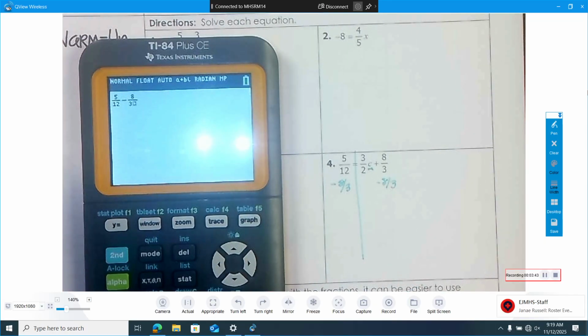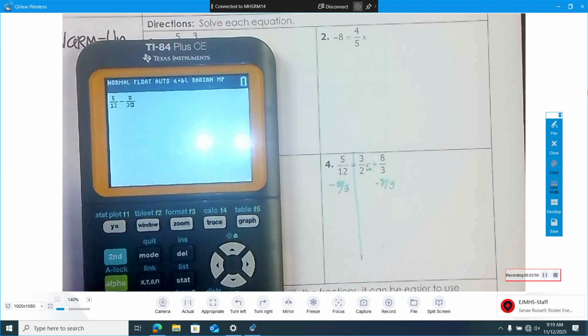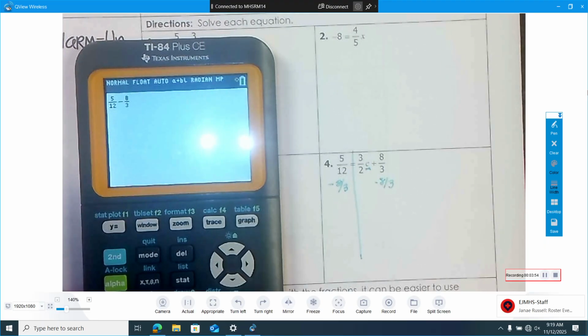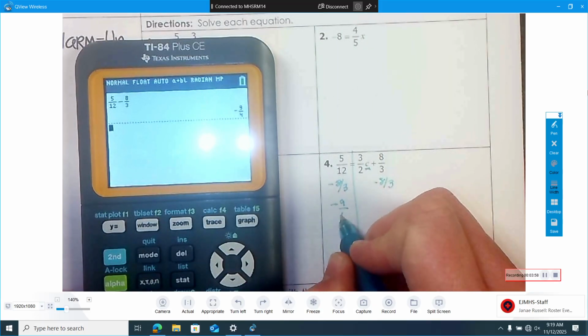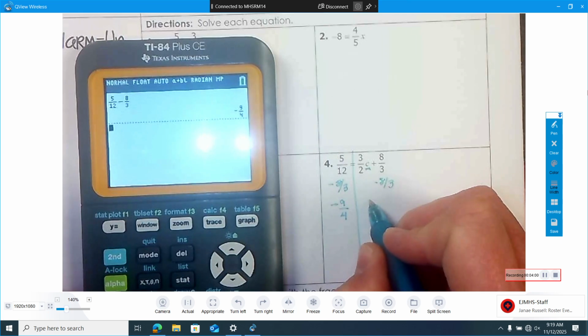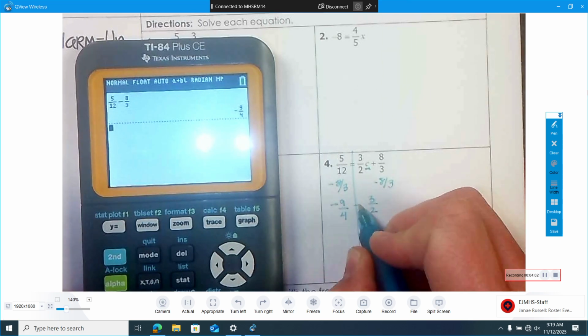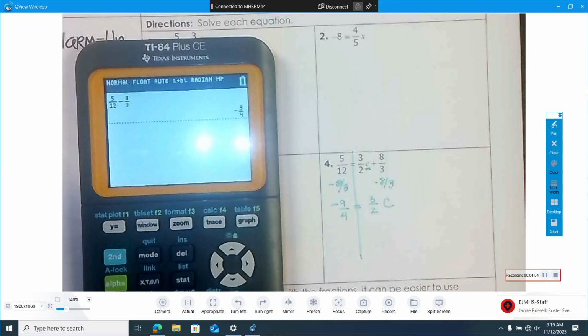The reason this is a nice menu is because it puts them in fraction form and we won't have any confusion. It's a lot of button pushing though. And it's always going to give me a fraction in reduced form. So we get 9/4 equals 3/2 times C.